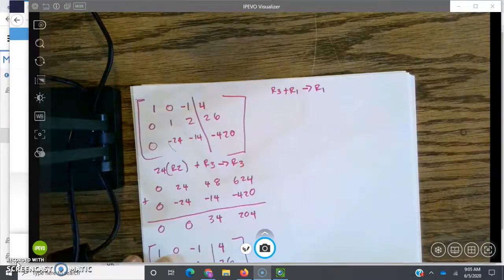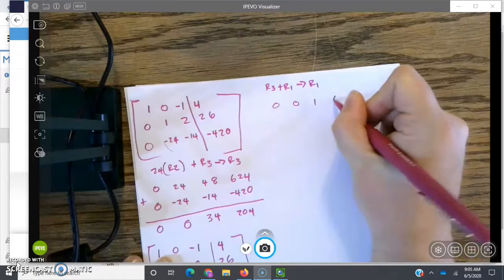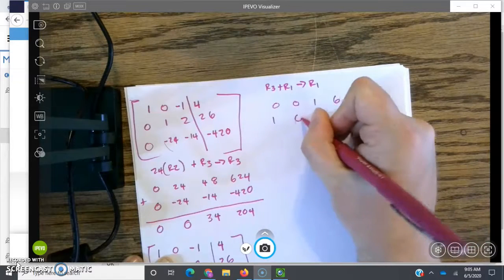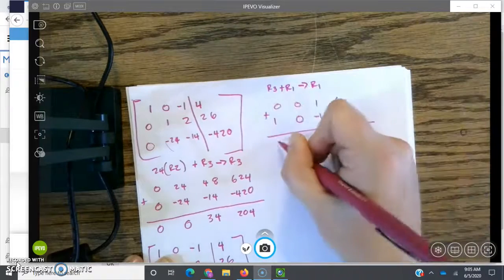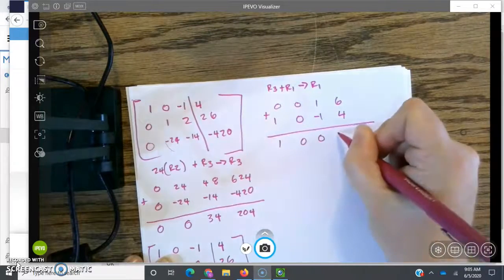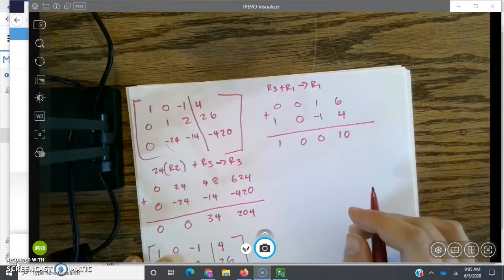So that would be 0, 0, 1, 6, and 1, 0, negative 1, 4. Add them up. Okay, then we can put that back in the matrix.